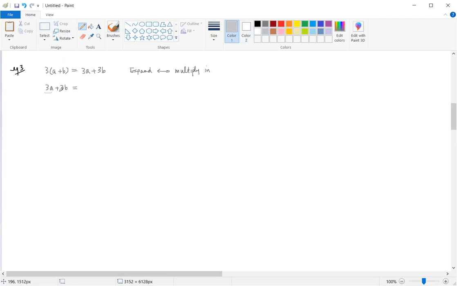This is 1 term, this is 1 term, right? So we can look at what we can commonly divide out. In this term, we can divide out a 3. This term, divide out a 3, then you have a left. Plus, this term, divide the 3 out, you have b left. So factoring corresponds to dividing out. It is the exact opposite.